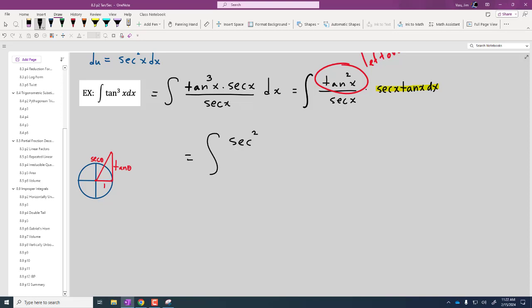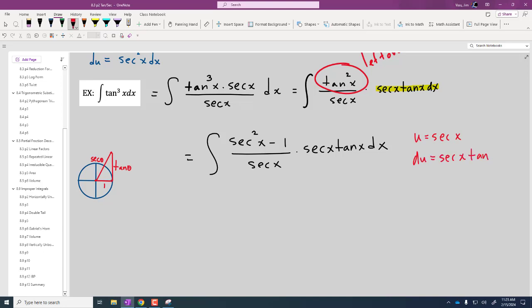Actually, secants, we really don't want to say they cancel. That's true, we could split the fraction. But we're at the step where we want to do our substitution first. So we group the secant with the differential, thinking ahead that we wanted to let u be secant. So we're going to let u be secant. So du is sectan.